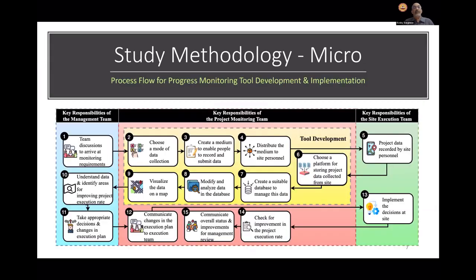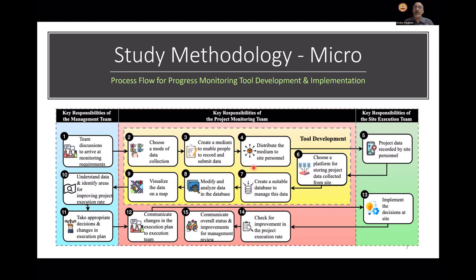So if I look at the slide, there would be two parts to each team. We have the management team here, the monitoring team, and the execution team. The management team gives inputs to the monitoring team for what they would be looking for as output. The monitoring team has a double or a triple role, I would say. In addition to actually doing monitoring the traditional way, they are instrumental in the development of this tool.